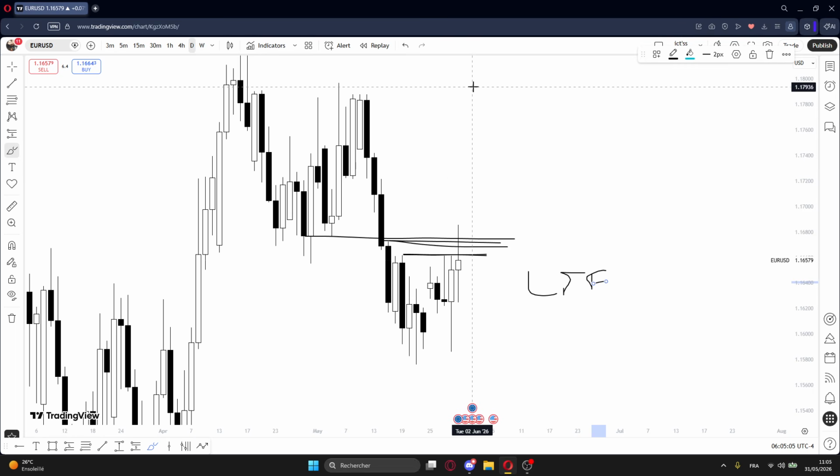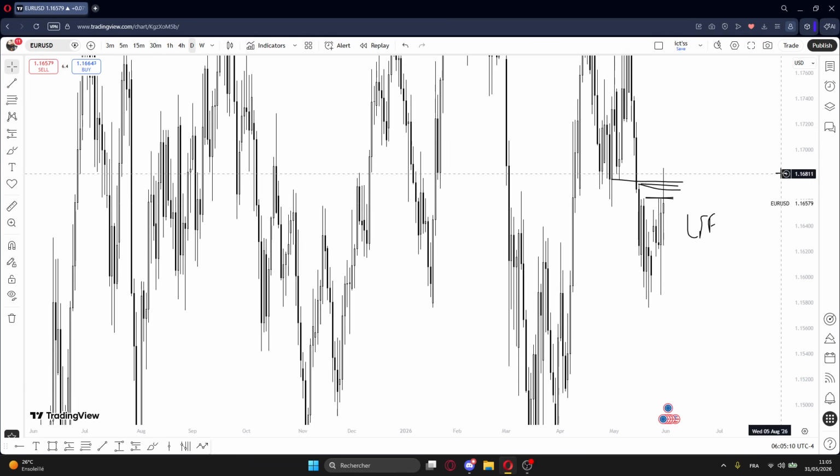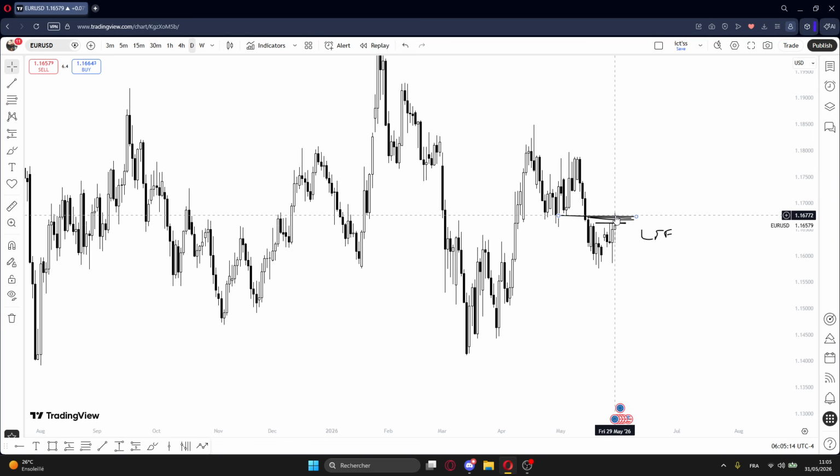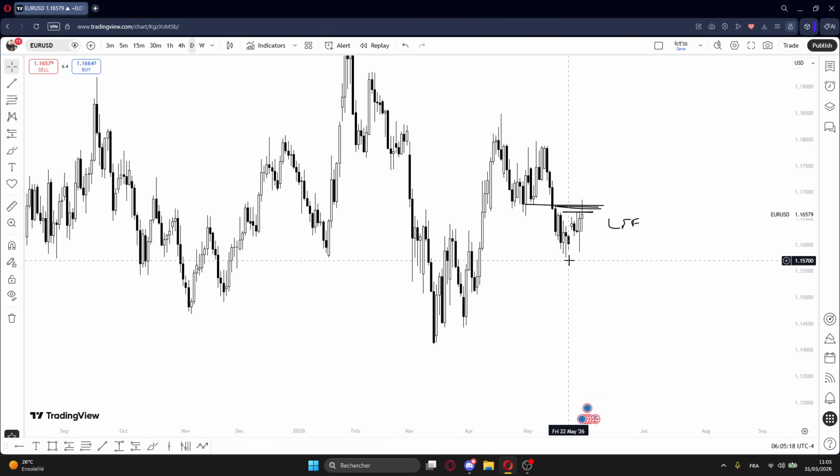A decent stop loss will represent a large trade idea. And then the only thing left is to know how to manage the trade. For example, at the time we reach this low, you immediately look for a break even.